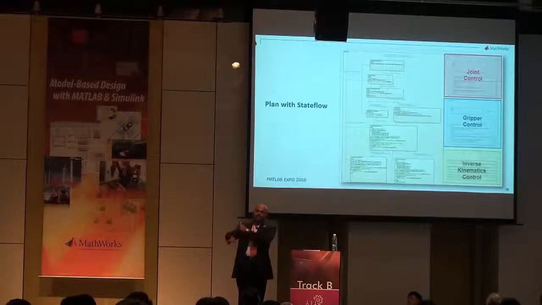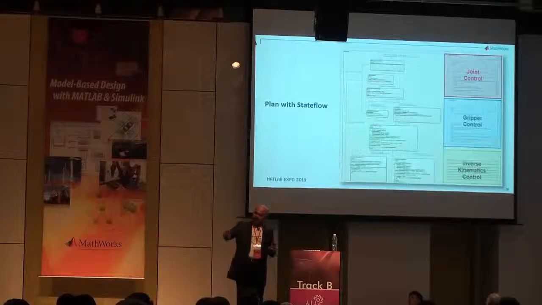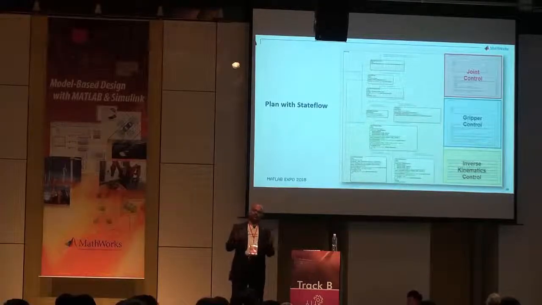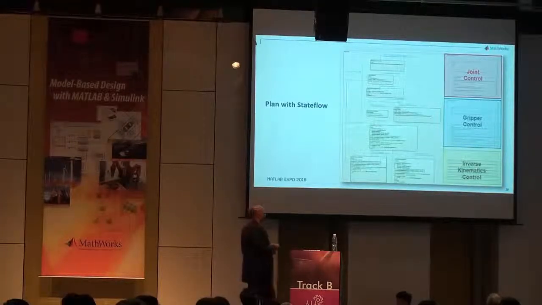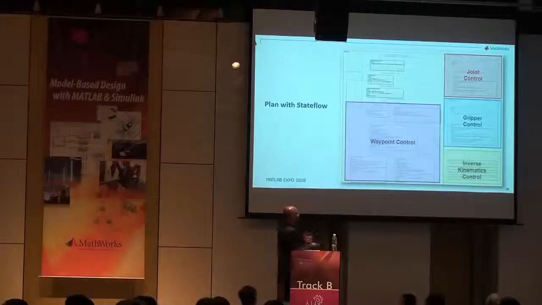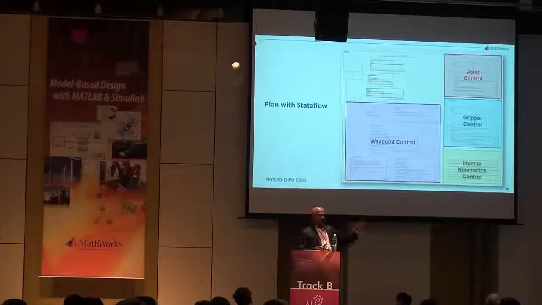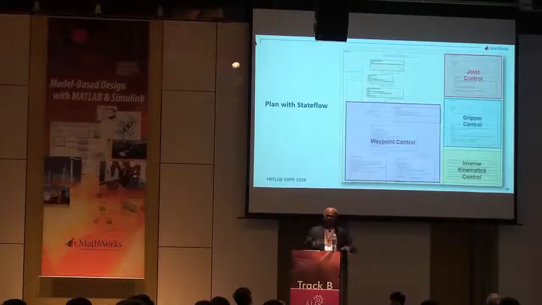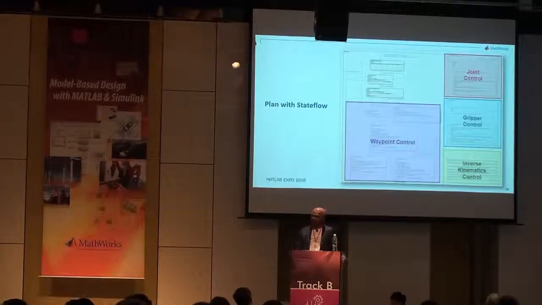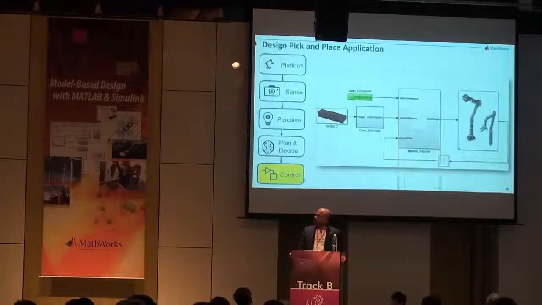Then you can command the robot to go to those joint coordinates and thereby reach the Cartesian coordinate that you wanted to get to. And it's not just about getting the endpoint, but getting it around the obstacles. That's where you can do waypoint control using the Stateflow chart.